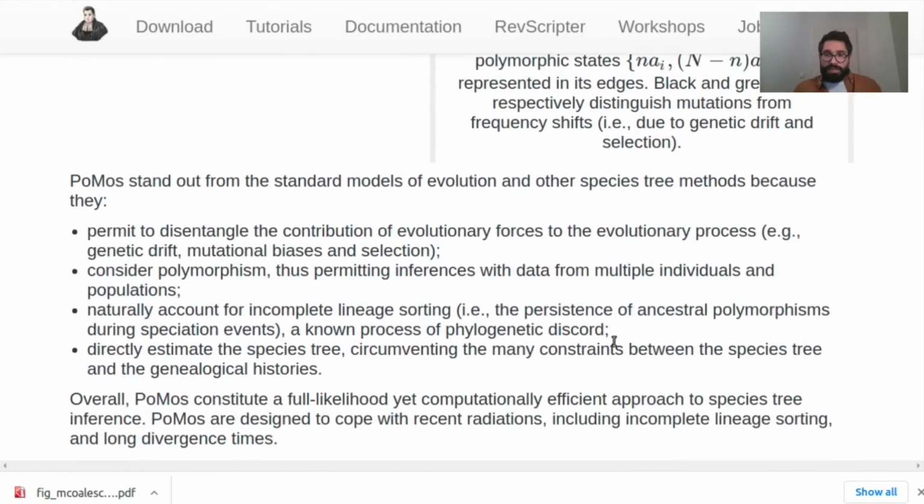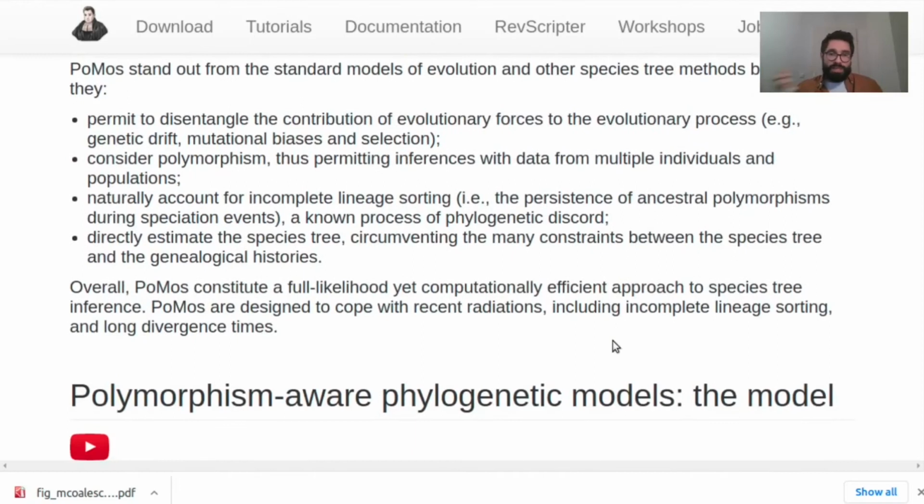By providing this more complex description, POMOs of course stand out from the standard models of evolution. And there are different reasons for that. The first one is that POMOs permit to disentangle the contribution of the different evolutionary forces to the evolutionary process. For example, POMOs account explicitly for genetic drift, mutational biases, and selection.